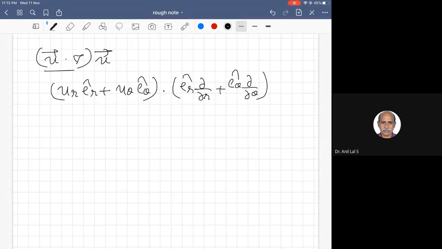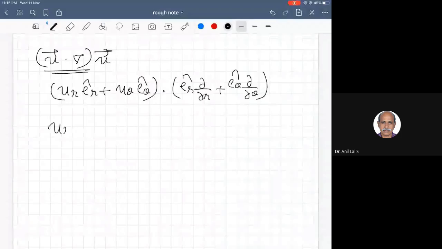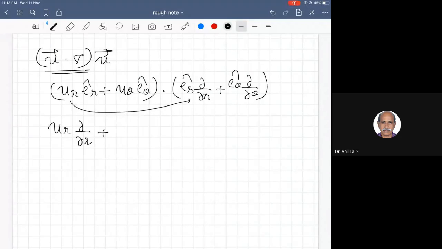This is this one. And what does it give? It gives U R dou by dou R, plus there is a divided by R, so U theta by R dou by dou theta. The whole into this U is there.